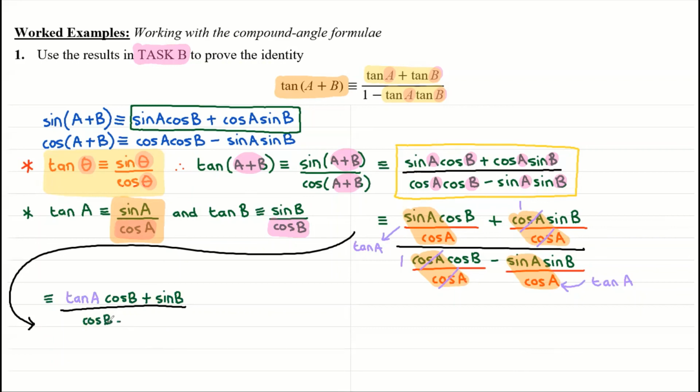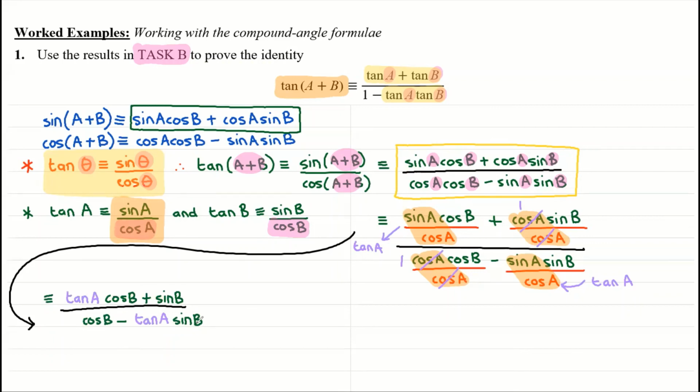Subtract tan A and then sine B. It's one of those proofs where if you remember just a couple of key things and you're confident with your algebra, the whole thing will just sort of reveal itself really nicely, just with a bit of manipulation.